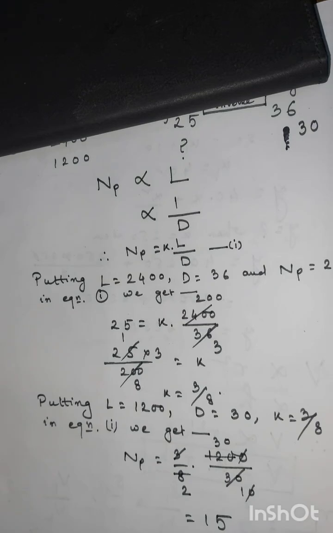So number of plows in the second case is 15.